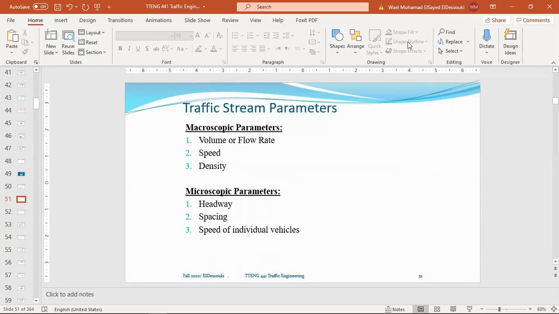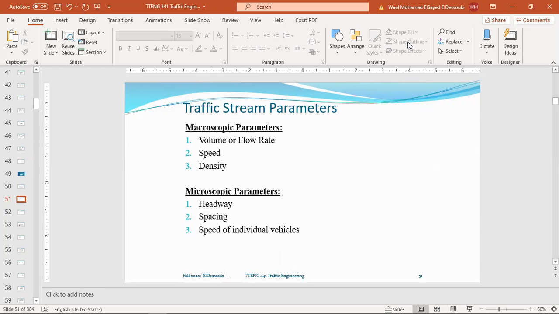So what are the main parameters for traffic streams? We have two sets of parameters: macroscopic parameters and microscopic parameters. The macroscopic parameters are collective parameters: the volume or flow rate, the average speed of the stream, and the density of the stream.